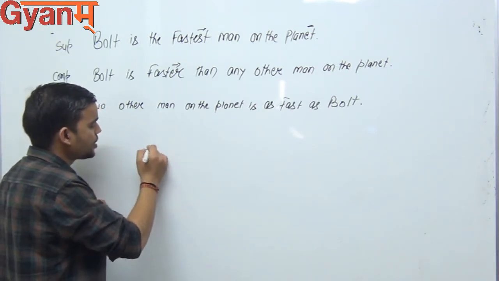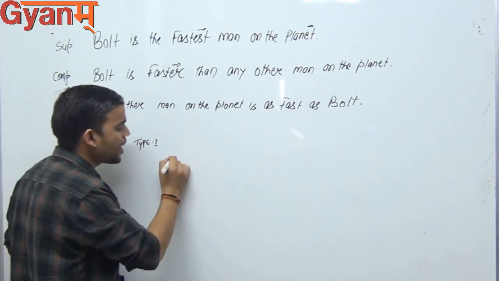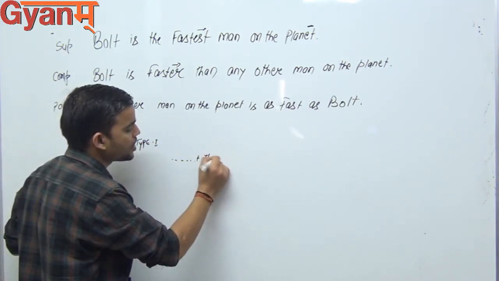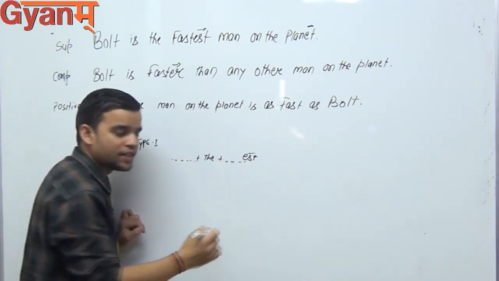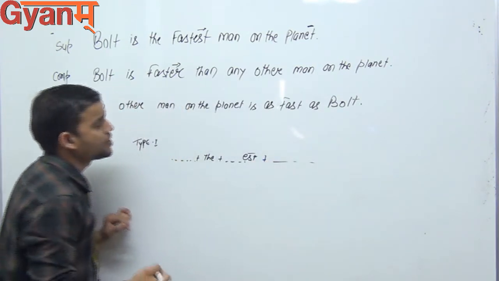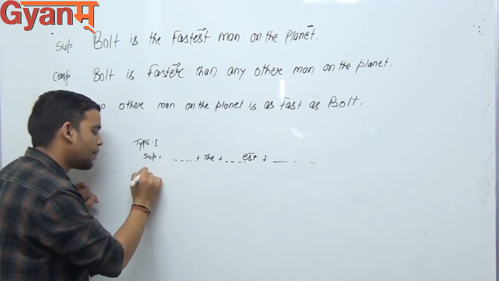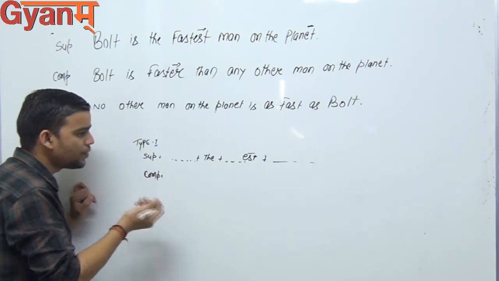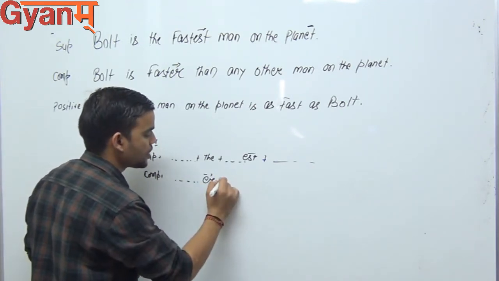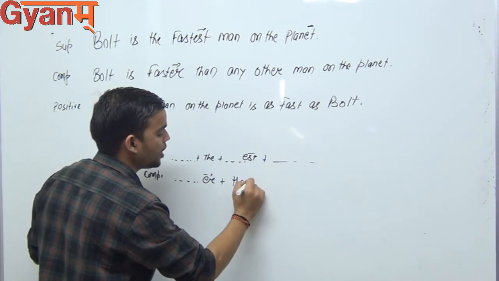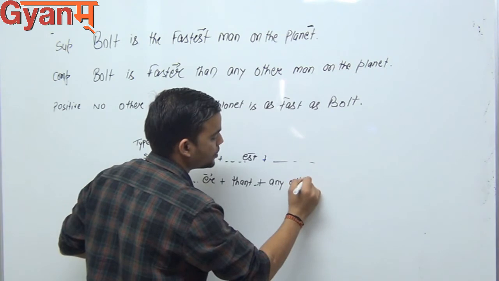So let us name it as type 1. In type 1 we have a sentence having the and then EST, which is the identity of superlative degree. This is the superlative. While making comparative degree, our sentence will be like ER, which is comparative degree, followed by than, and here we will add any other or all other.